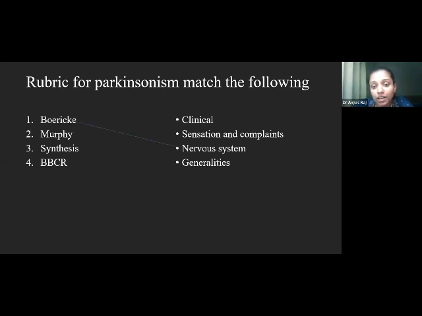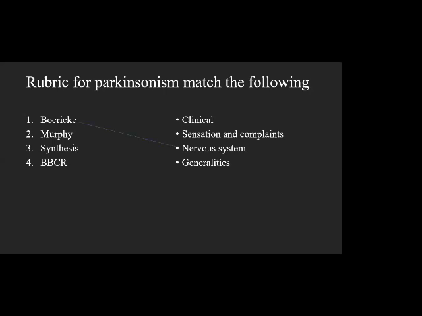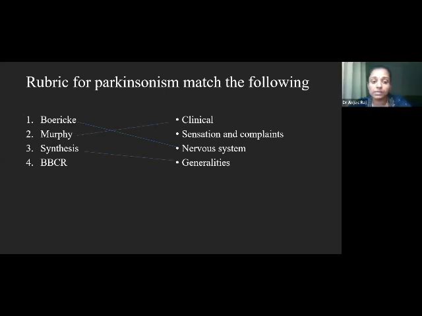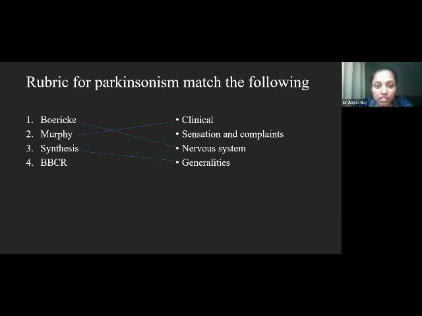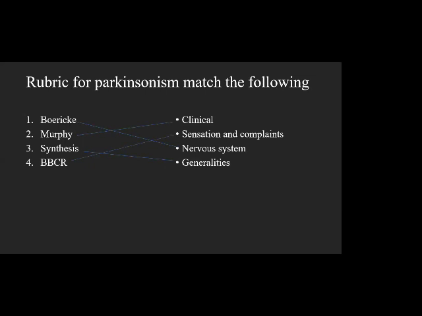Next, in Murphy, we can get it in the clinical. Next, in the Synthesis, the chapter is not generalities. It is mentioned as generals. In the question paper, it is generalities. In BBCR, we can see Parkinsonism in sensation and complaints. Okay.